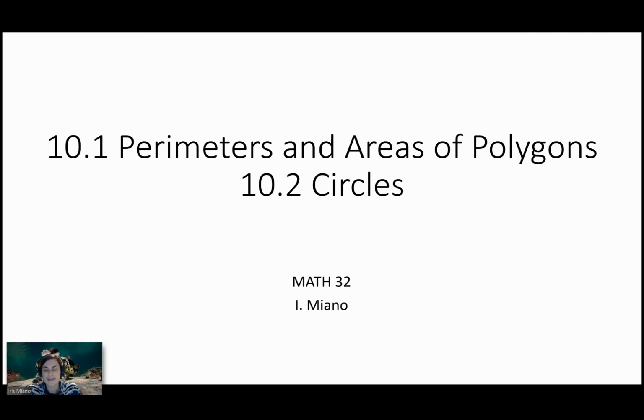Furthermore, Chapter 10 is all about formulas, basically. So in Section 1, we'll be covering perimeters and areas of polygons, which are one-dimensional and two-dimensional constructs, respectively. And then in Section 2, we'll cover circles.